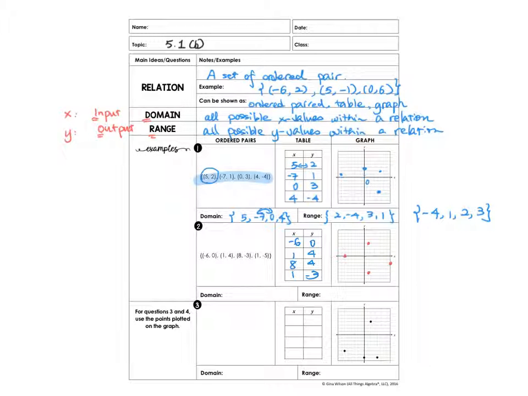So the last one is this, right? Yeah, no, that's right. The last one, the dots are given. But the table and the domain is, oh, I'm sorry, I forgot to put in the domain here. The domain is, let's go from smallest to largest.